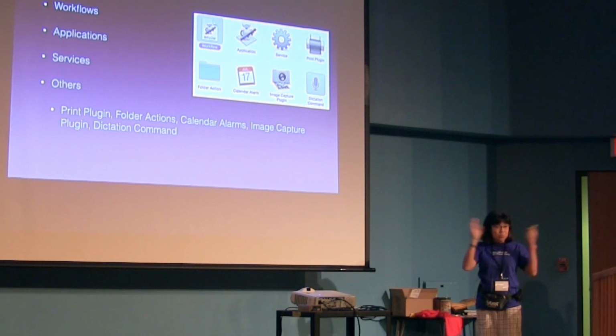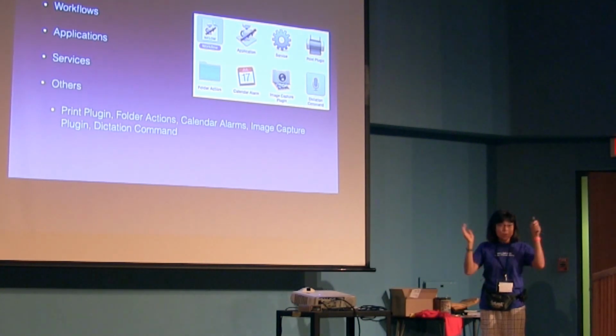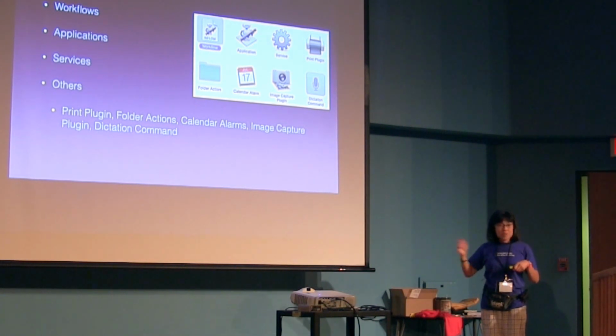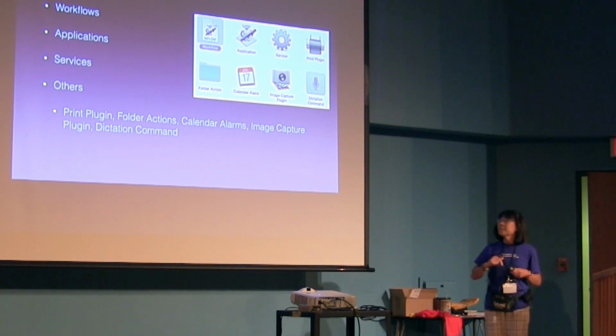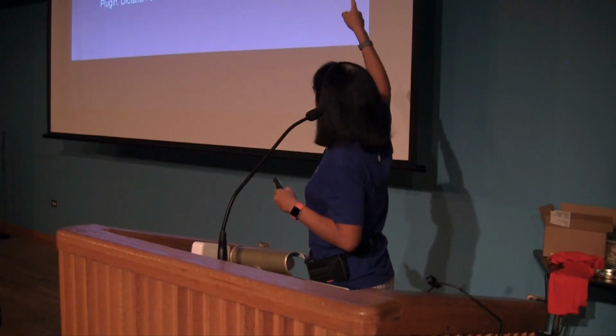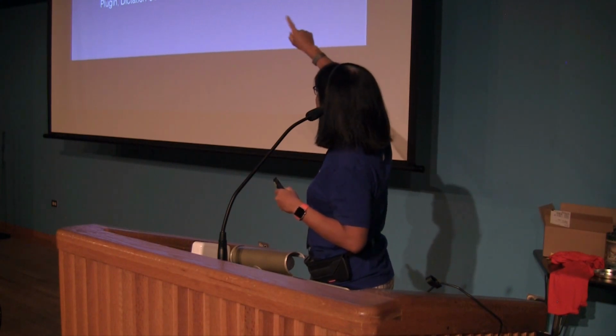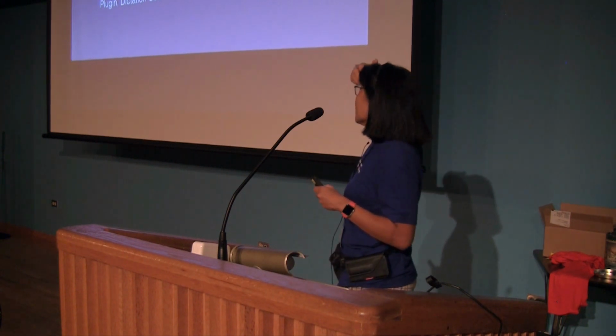So maybe you want to take all these pictures, make them 640 by 480, and change them into JPEGs with super high compression. You can do it that way with a right-click. So those are services. I've not tried print plugins or any of the rest, but the first three are the most common ones that I've used: workflows, applications, and services.